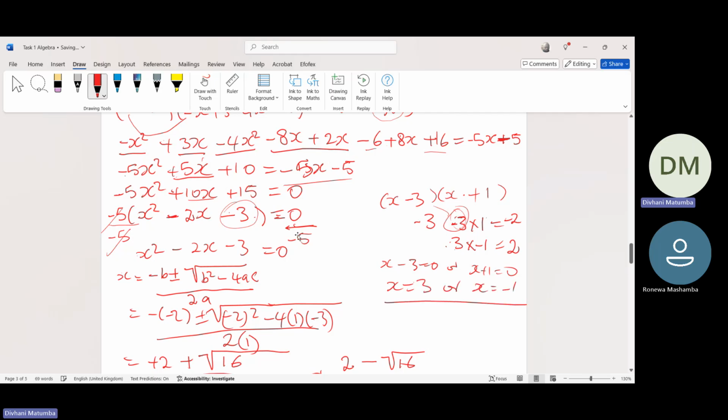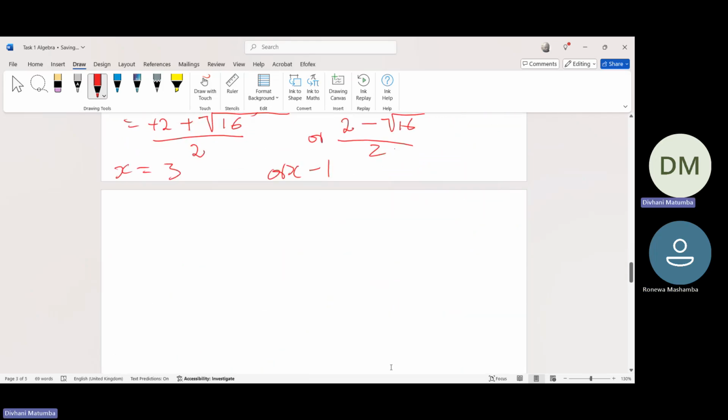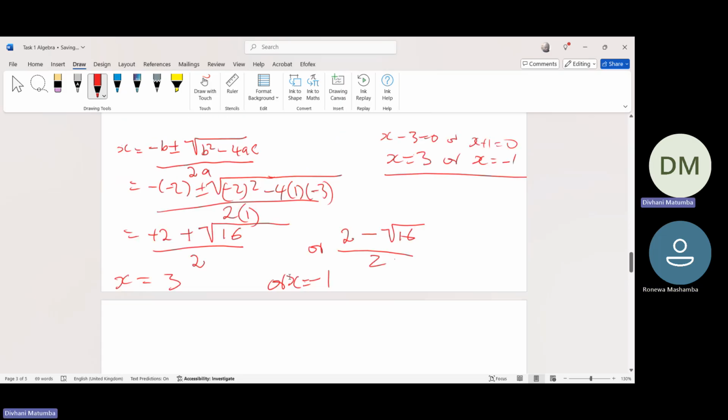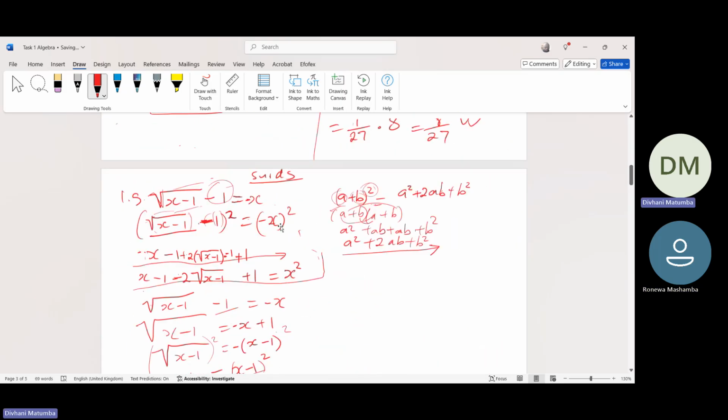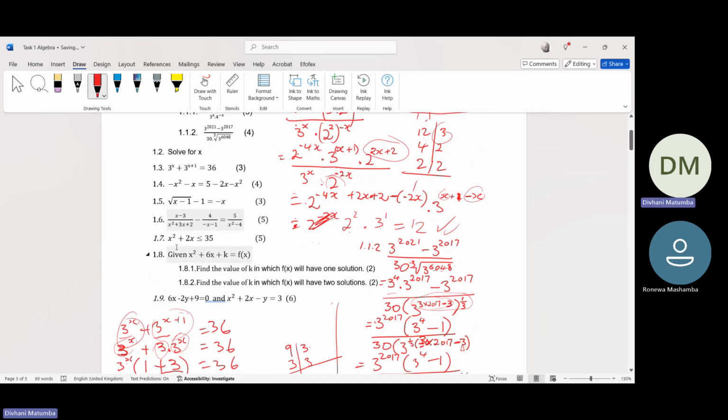That's it. But I recommend that you use the quadratic formula because it is a simplified formula, so why not use it? Okay. All right.